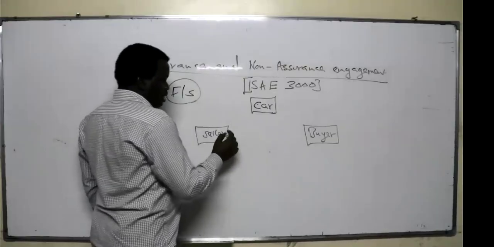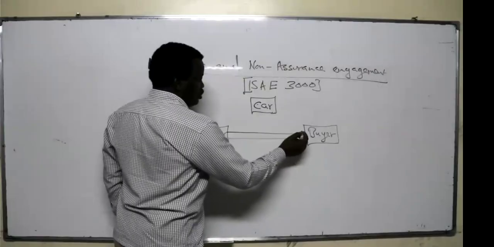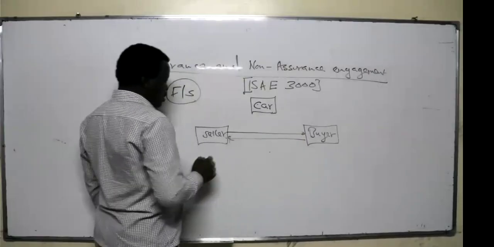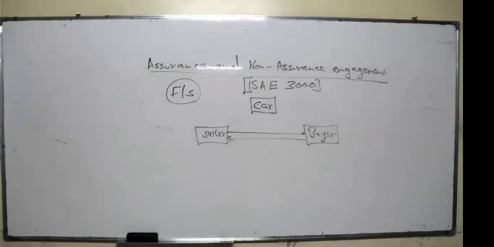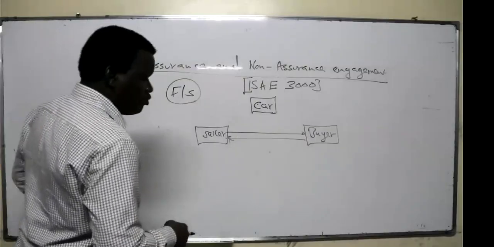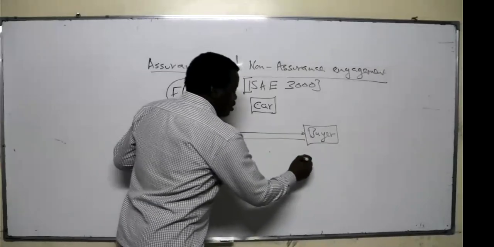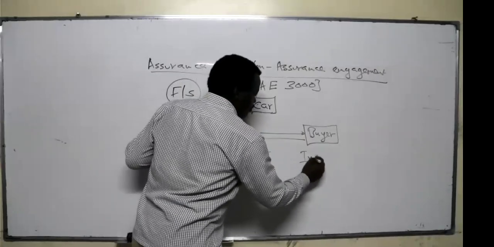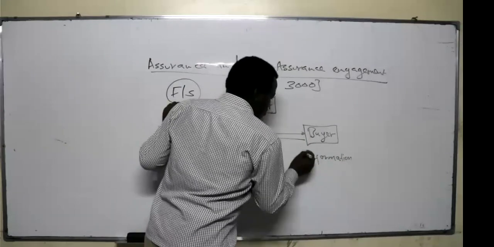There is a purchase transaction taking place between these two parties, the seller and the buyer. The buyer wants to make a purchase decision, and for that he or she is required to have information. You cannot make a decision if you're not well informed.